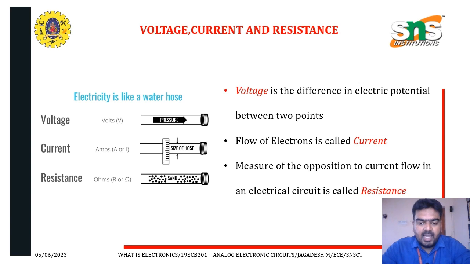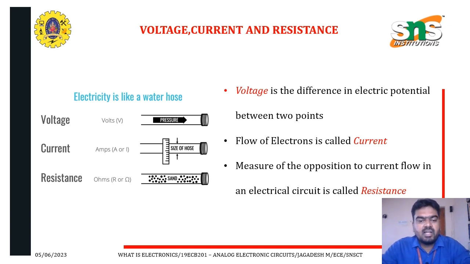For easy understanding, we have an analogy on the left side of the slide. Assume a water hose with water flowing inside. The pressure of the water is considered the voltage, and based on the size of the hose, the water flow takes place.